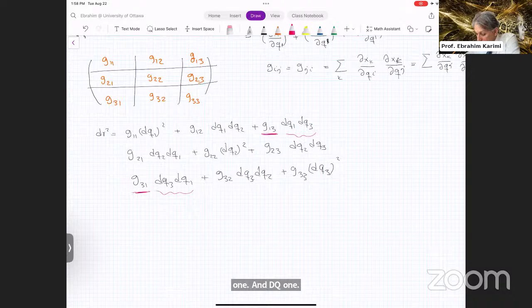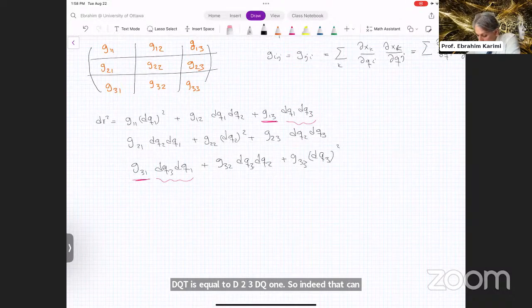As I say, G12 is identical to G21, and dq1 dq3 is equal to dq3 dq1. So indeed that can be simplified further.